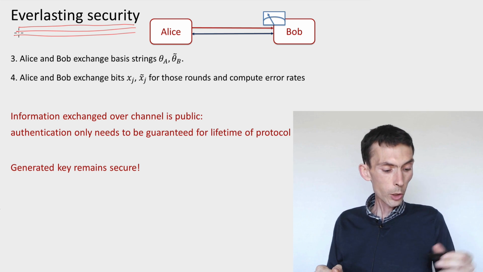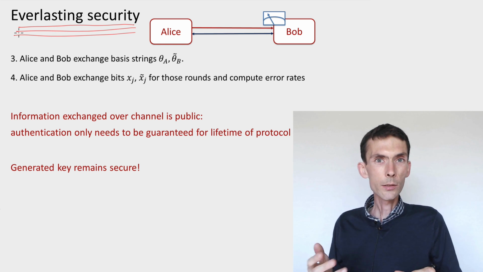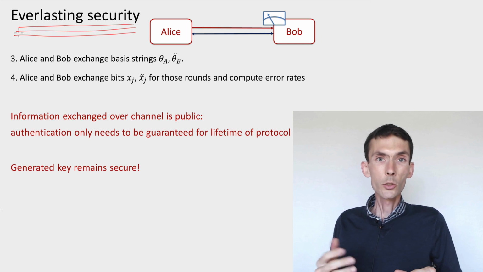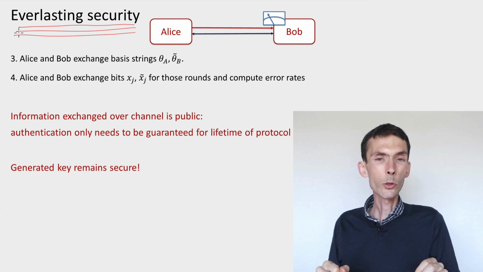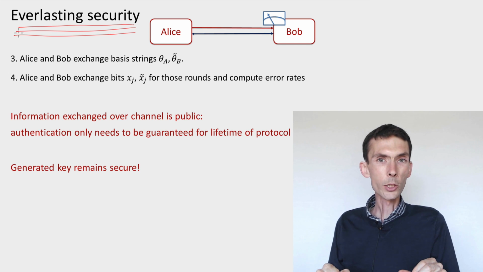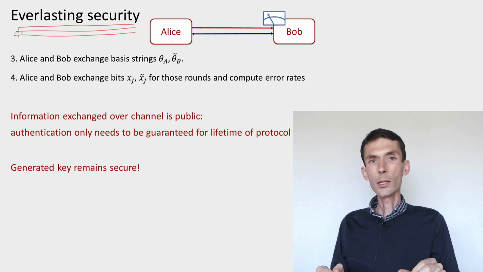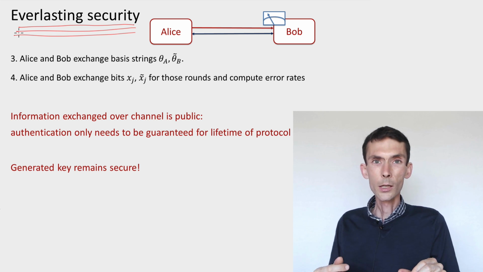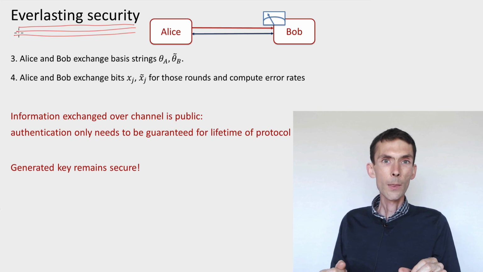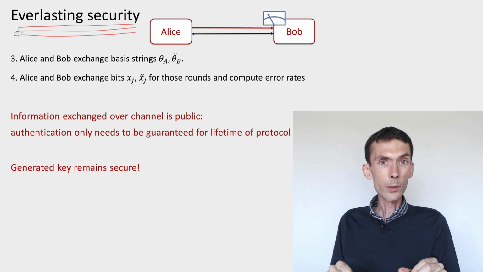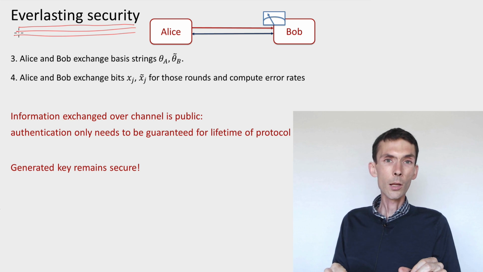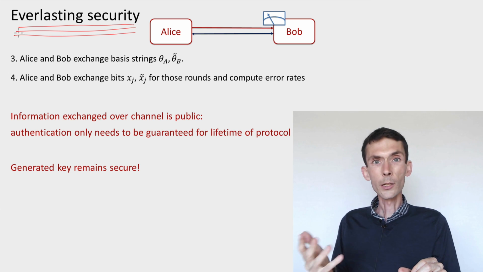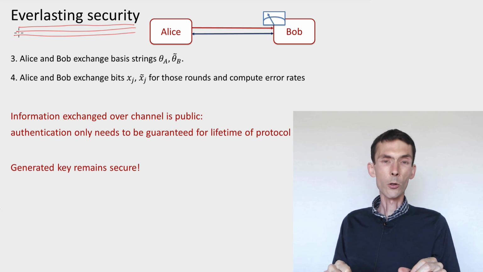Well, because if an adversary breaks the authentication channel sometime after the protocol has been executed, then what is the adversary going to do with that information? Anyway, we already assumed that anything that was exchanged in the authenticated channel was public, so the adversary has access to it. So if it is able to break the authenticated channel in the time that the protocol is being executed, then that's a problem. But if it breaks it later on, then that's not a problem at all.